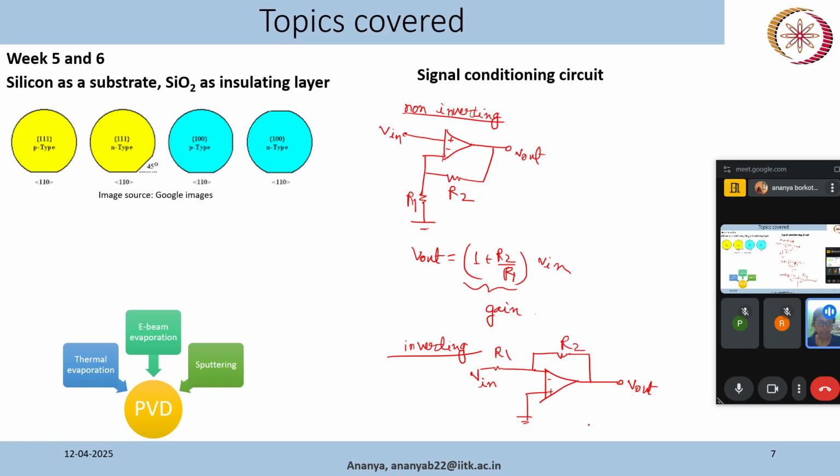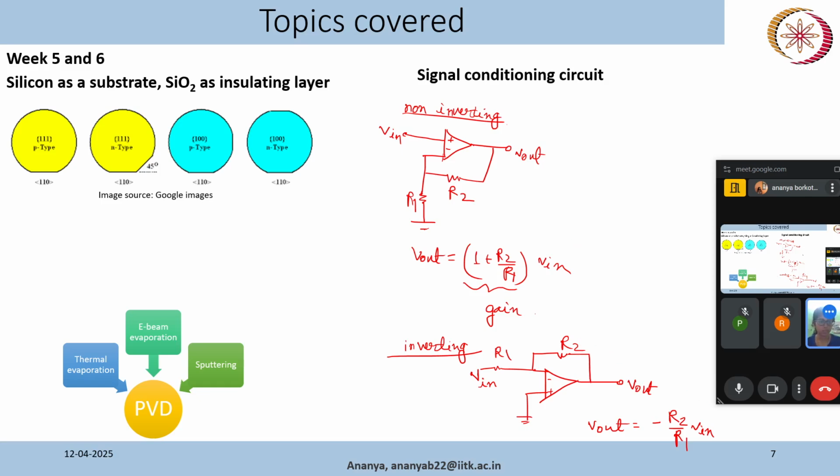In this case, our Vout will be minus R2 by R1 times Vin. So we get an inverted output, but we can make it positive again, same as the input, by using another inverting amplifier that has a gain of 1. That means R2 equals R1, if R1 and R2 are the same.